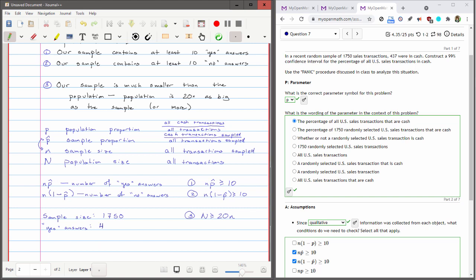There are 437. And that's all we're given, right? So we'll need to figure out something about the no answers, and we'll need to figure out something about the population size.